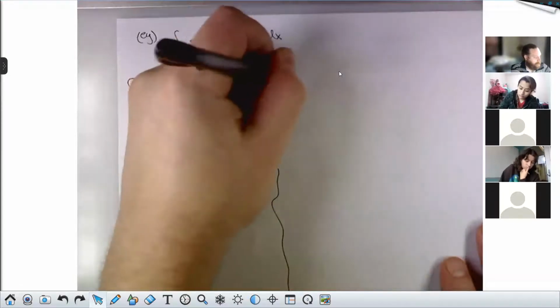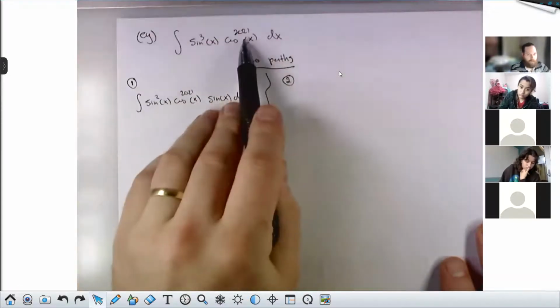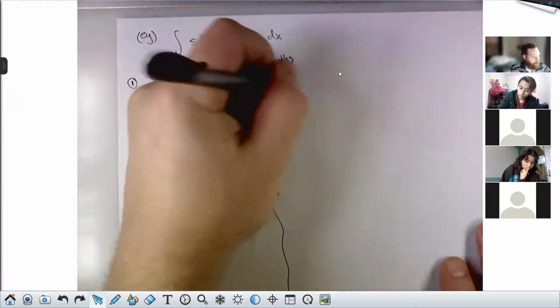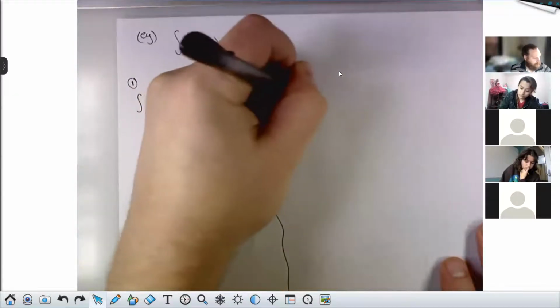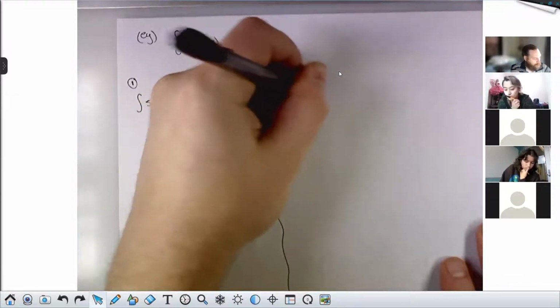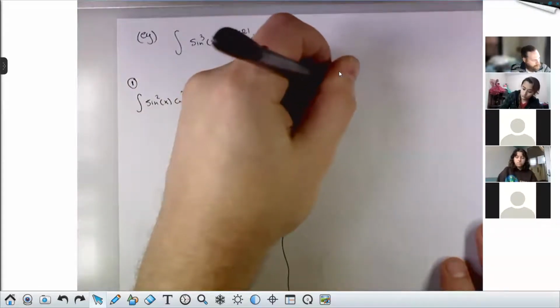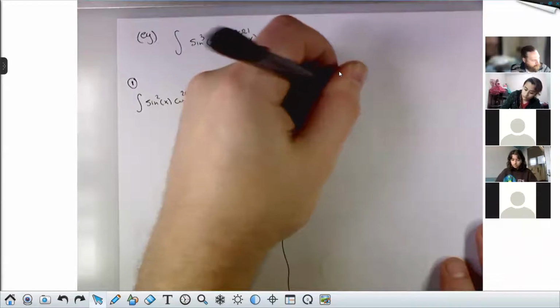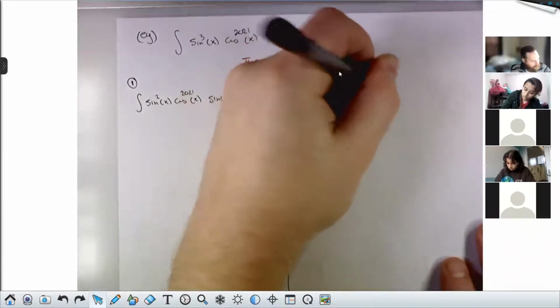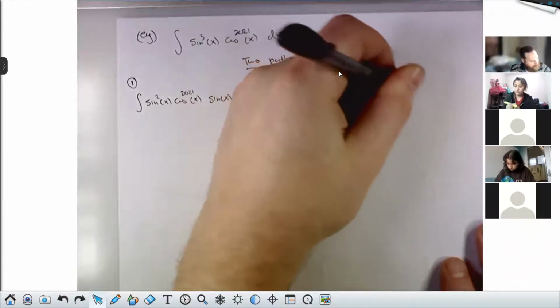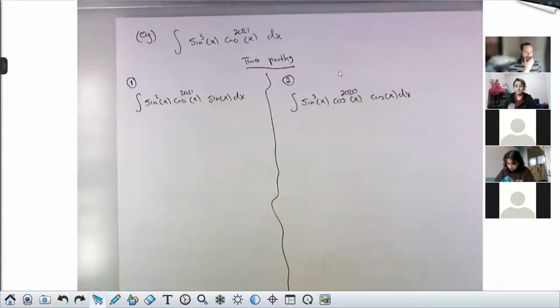The other path is treating cosine like he's the odd guy. So I'll leave the sine cubed x alone and grab one of the cosines. That'll leave me with 2020 of the cosines, and then a cos x dx here.